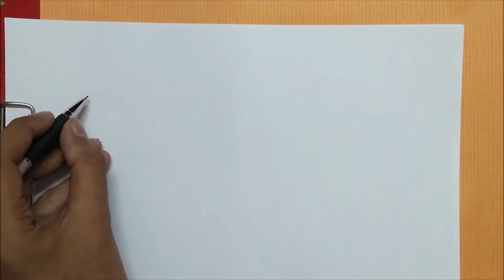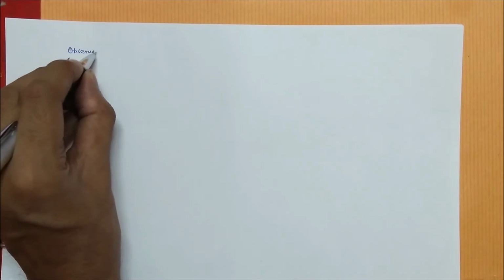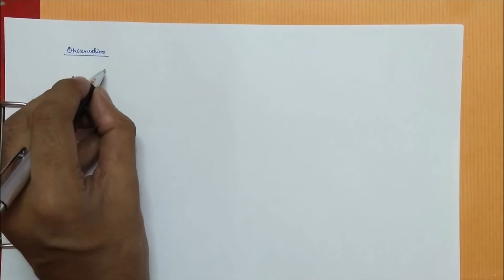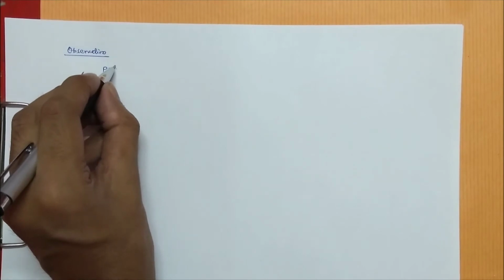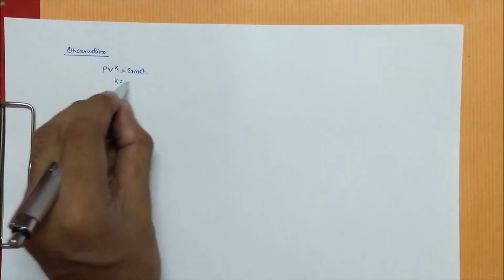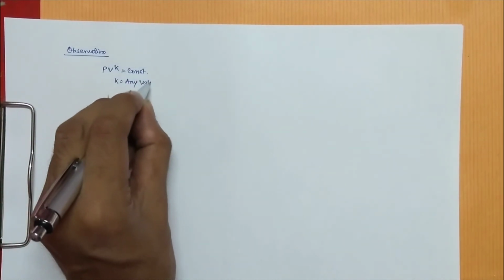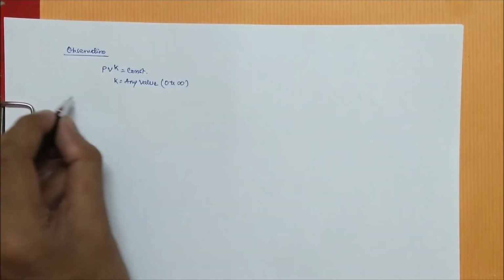Let's have a quick look at the different processes. If we observe different processes such as constant volume, constant pressure, isothermal, adiabatic and polytropic process, we saw that all these processes are governed by a general law, that is PV to the power k is constant, where the value of k can be any value, that means from 0 to infinity.